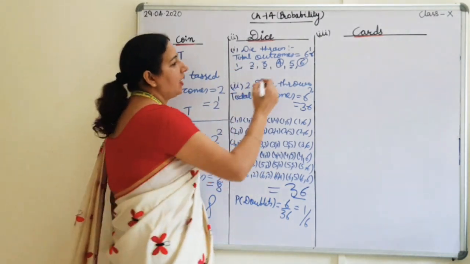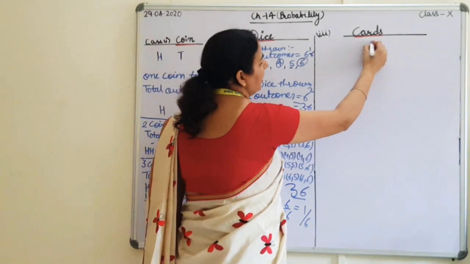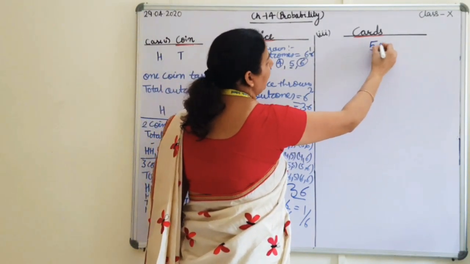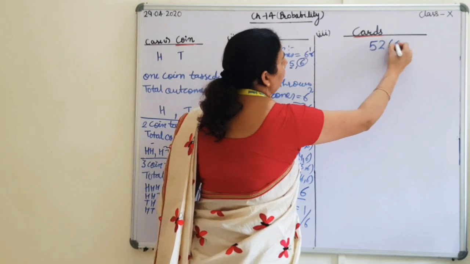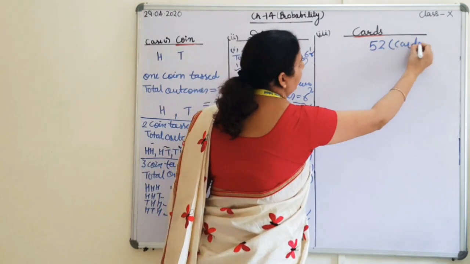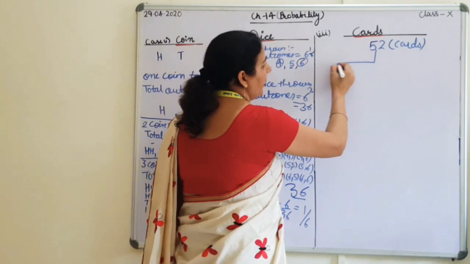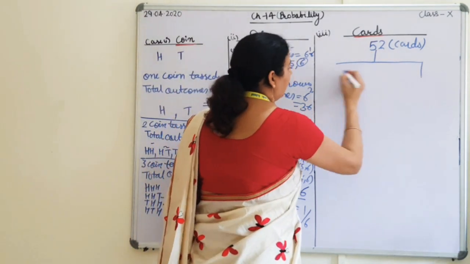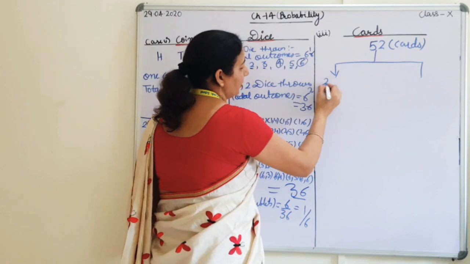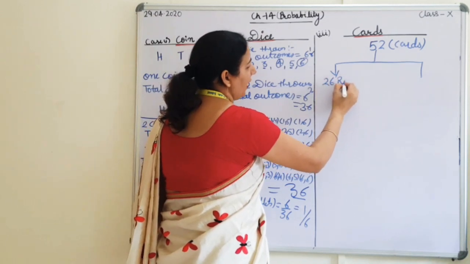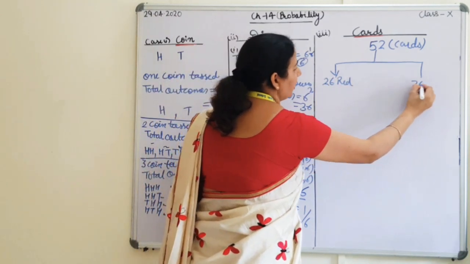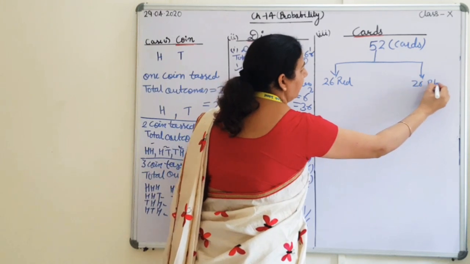The next is cards. Cards means the playing cards only. Total cards are 52, which are divided into 26 and 26: 26 of red color and 26 of black color.